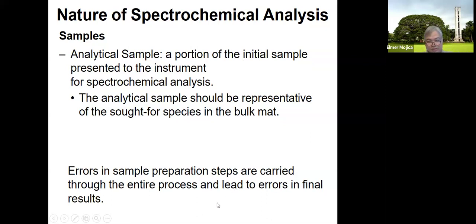So what does it mean? Kahit gaano ka-high-tech yung instrumentation mo, if your sample is not representative of the bulk materials that you're analyzing, your analysis is what? Useless. Okay? So sampling, unfortunately, play a very important role, and it can affect directly your results.